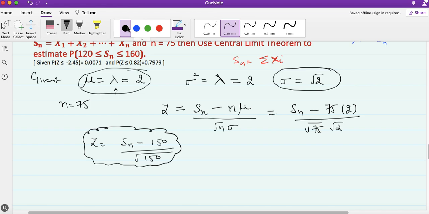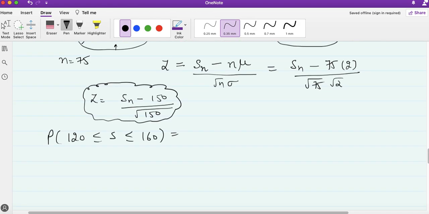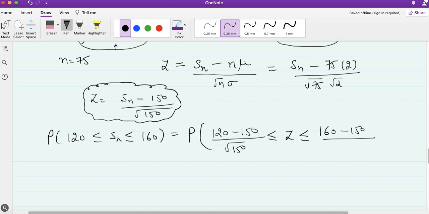Now come back to the problem: what is the query? The query is that Sn lies between 120 and 160. Since I have written my z, I am going to replace Sn by 120 and subtract 150, divided by root of 150. That will be my conversion of the question from Sn to z. Here again, replace Sn by 160. 150 is the fixed mean value for it, and this is the standard error for it.